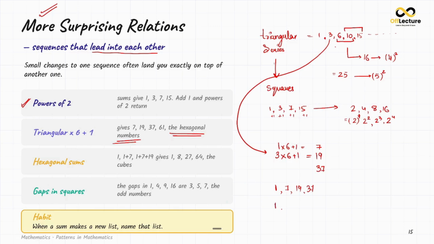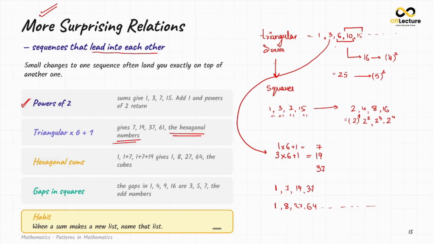That is 1, then 1 plus 7 is 8, then 1 plus 7 plus 19 is 27, then 27 plus 37 is 64, and so on.